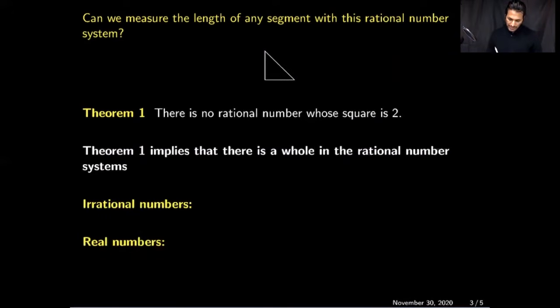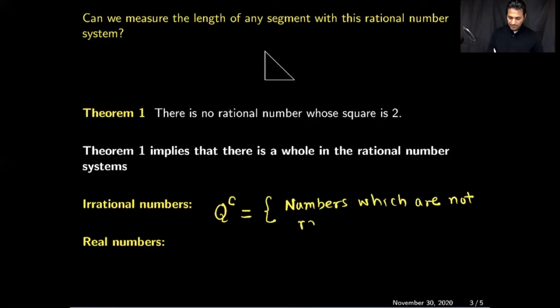So we do not have a proper definition for irrational numbers, but we will call all the numbers which are not rational, irrational. Or in other words, if we find a number which is not rational, we call that number irrational.